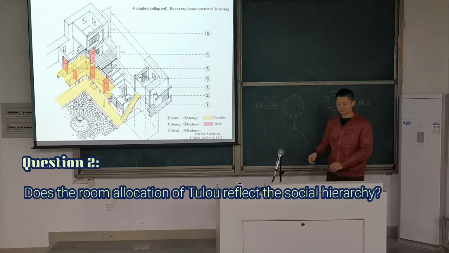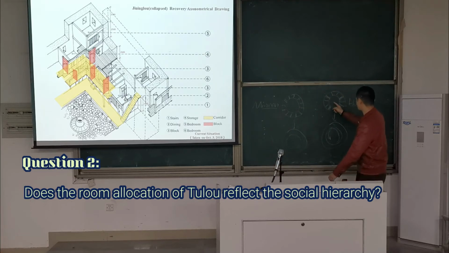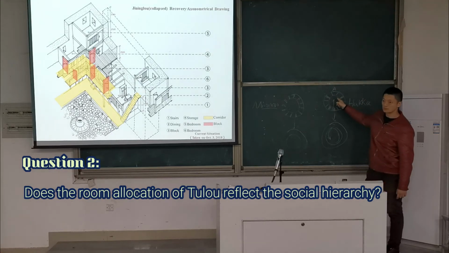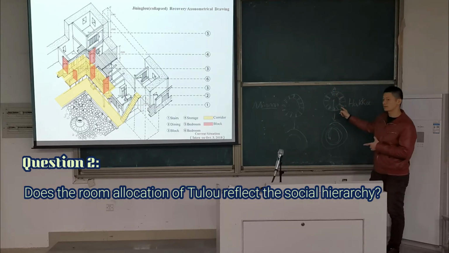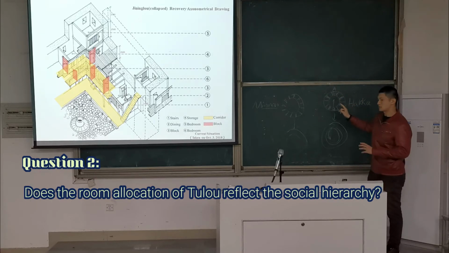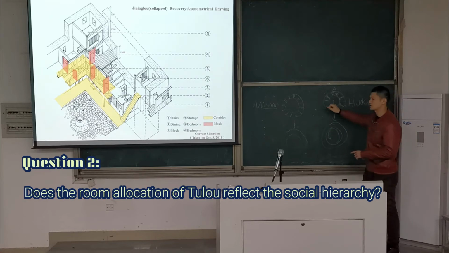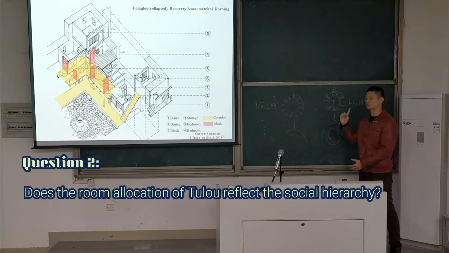And also in the circular one, if there is a gate and you go straight ahead, there is an ancestor room, right? And the ancestor room is normally the most important part of a Chinese dwelling, making this area more important than the rest of the others. But from the surface, we cannot tell because it is circular.